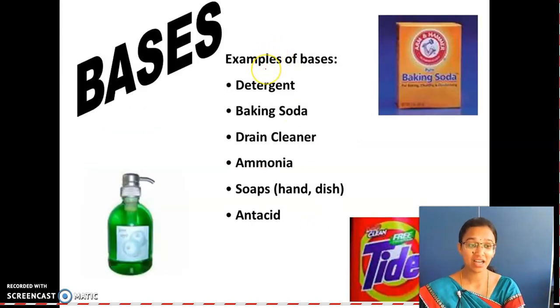So these are some of the examples of bases: detergents, baking soda, drain cleaner, ammonia, soaps. If you touch all these, you are able to feel that softness, right? That soapy feeling. So these are some of the examples of bases.